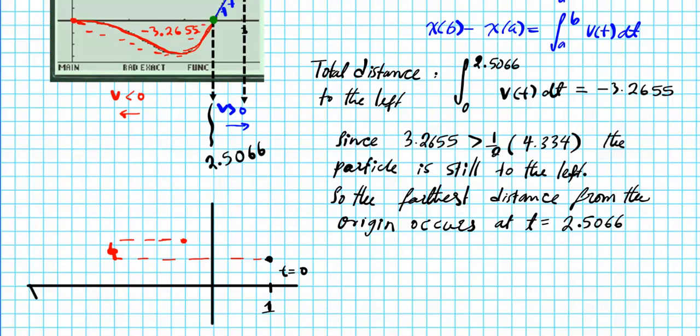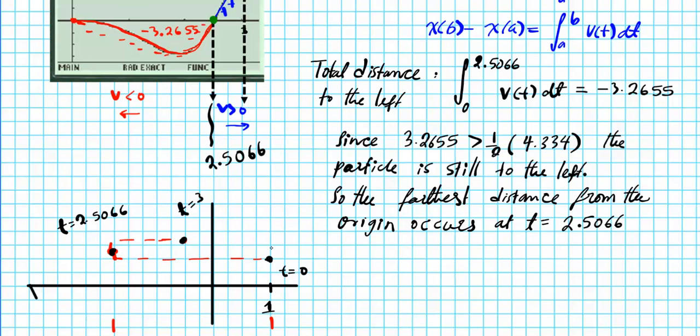This point in time where it changes direction, you know what the time is where it changes direction? At t equals 2.5066. And here is the other interval, t equals 3. So the question is, what is the distance from here all the way to here when it was farthest from the origin?